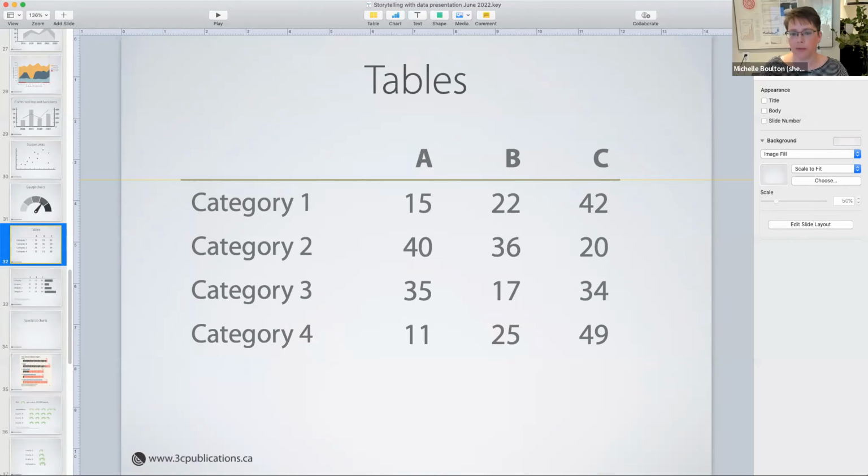Mm-hmm. And sorry, another one of the ways in which you may not want to have a table is when you're, for example, doing a presentation like this one. I talked about how tables are read rather than seen or looked at. So what happens when you put a table up, especially if it's a more complex table, your audience is reading the table. And so instead of paying attention to you and what you're saying, they're busy reading the table and zoning out from the presentation.